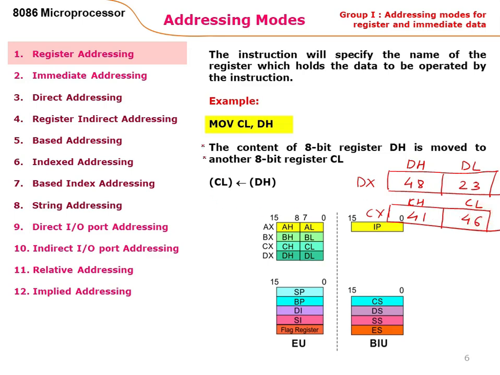Now after execution of the instruction MOV CL, DH, the data of DH is moved to CL. The updated value of CL will become like this. CH will remain as it is, 41, and CL will become 48 now.